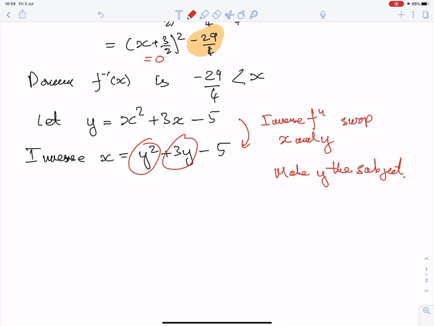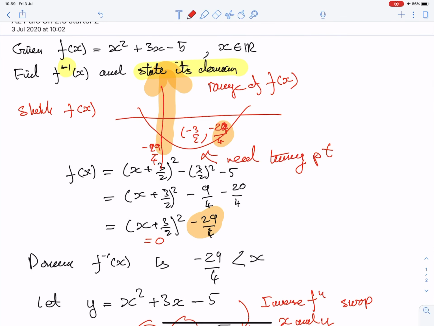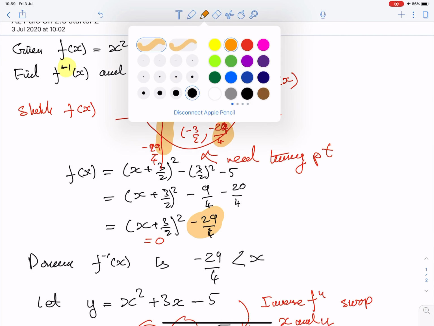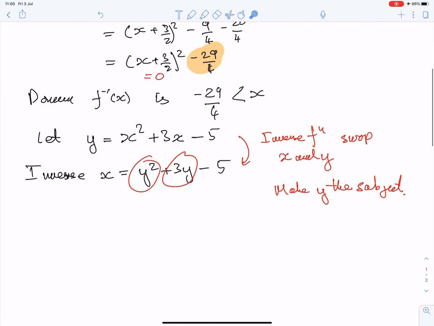Well, there's a little clue just above, because we started up here with a quadratic, we completed the square, and x now only appears once, the variable. So now we're in exactly the same position. We've got a quadratic here, and we want the variable y to appear once.